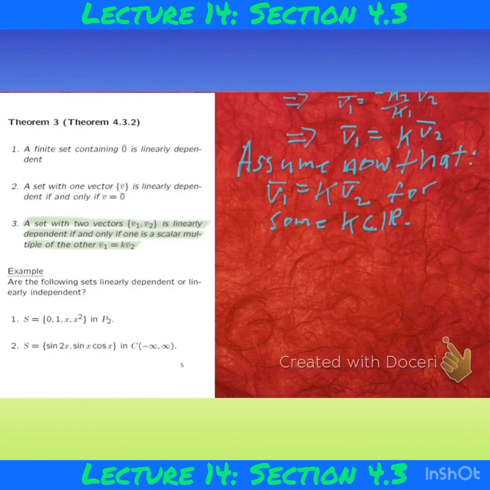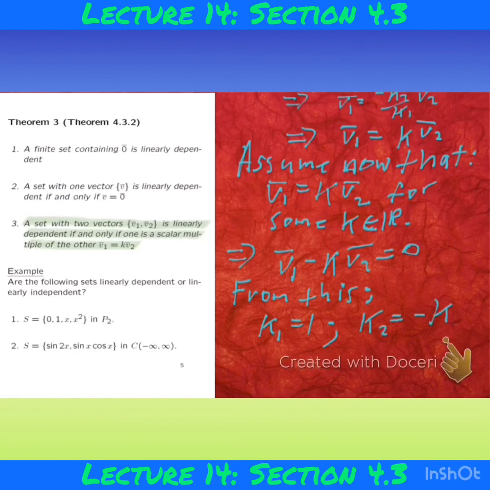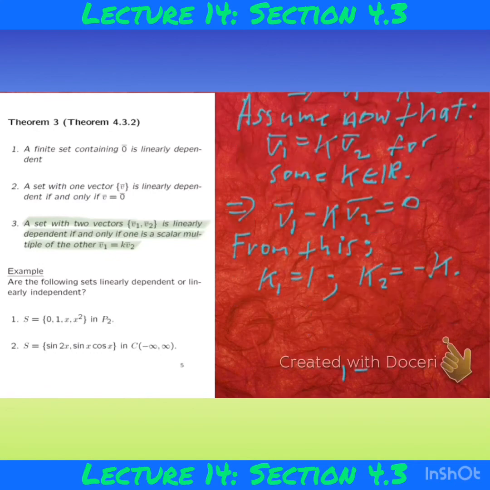So this implies that we can rewrite that equation as the zero vector. From this, we can let K1 be 1, and we can let K2 be minus K. All right, now what does that tell us?